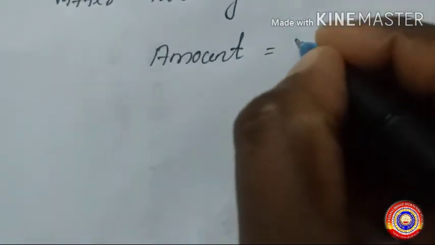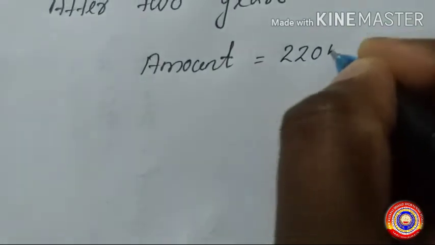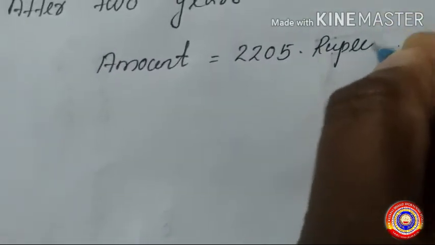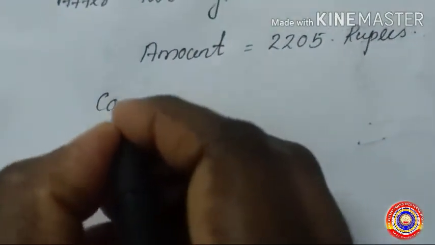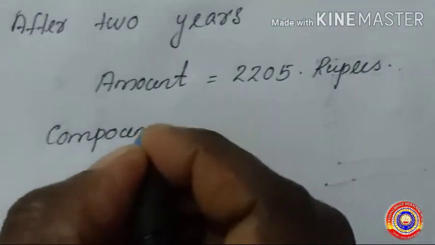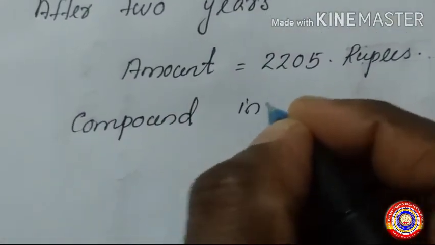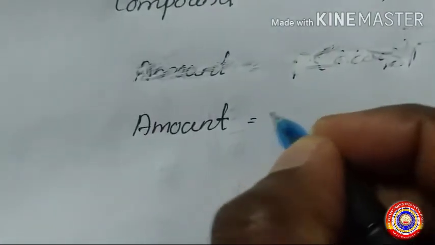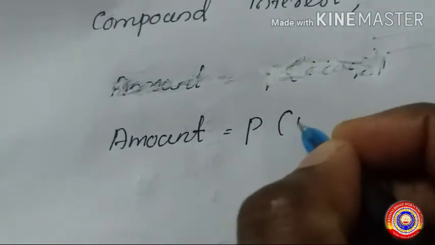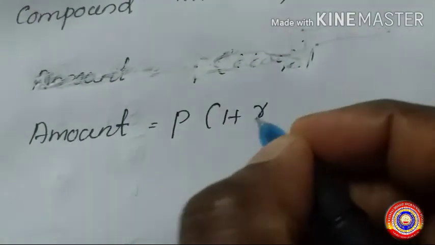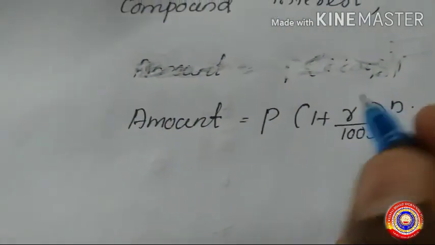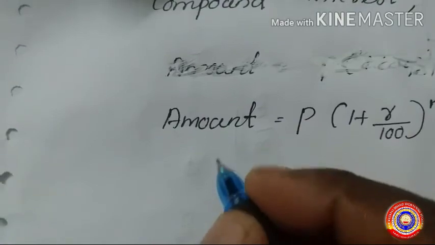Amount is calculated on the basis of compound interest. So, we can write amount is equal to P into 1 plus R by 100 the whole raised to N. After 2 years, what about the amount?